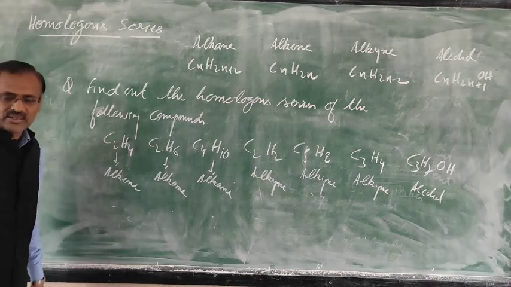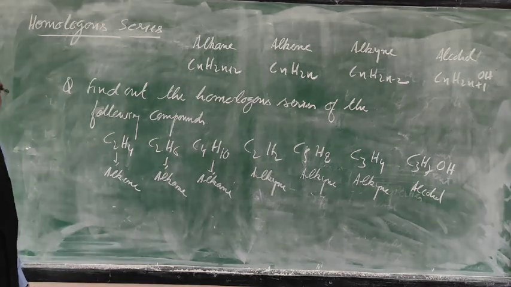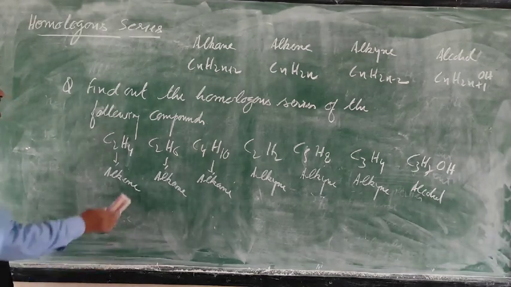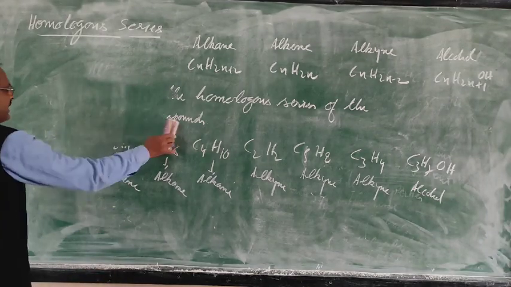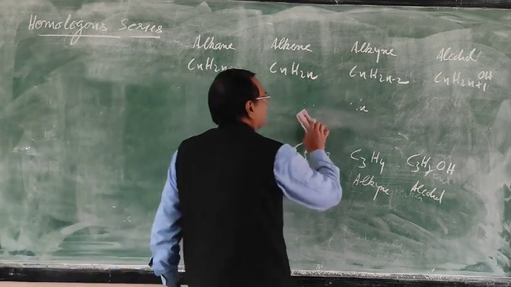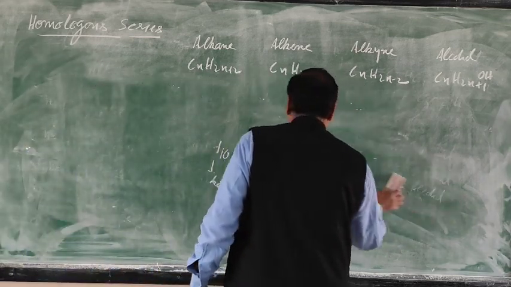Now the next question asked in the board paper: write the first member of the alkene homologous series, and the first member of the alkyne homologous series.